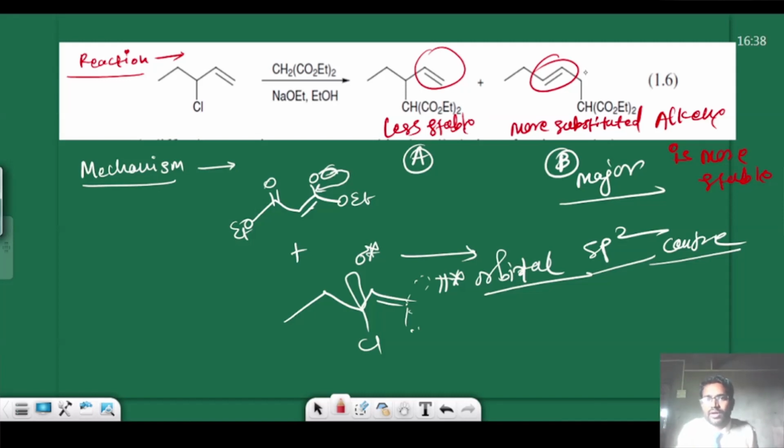Why is it so? It is because of hyperconjugation. Count the hydrogens.